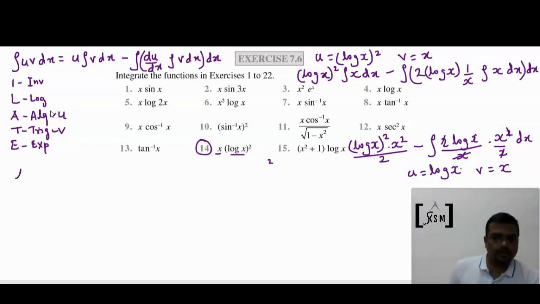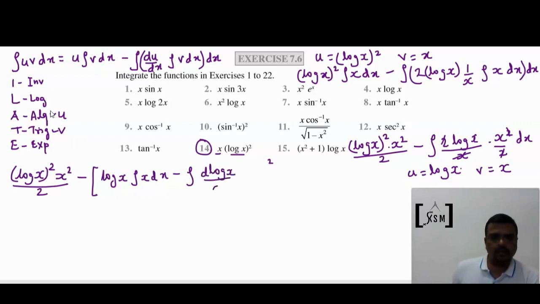Log x whole square times x square all over 2, minus, using the formula, log x times the integration of x dx, minus the integration of d log x over dx times the integration of x dx, whole dx.